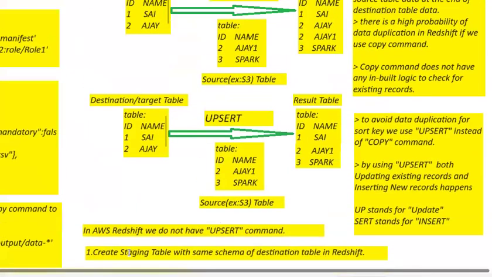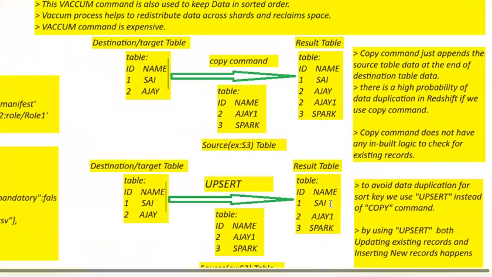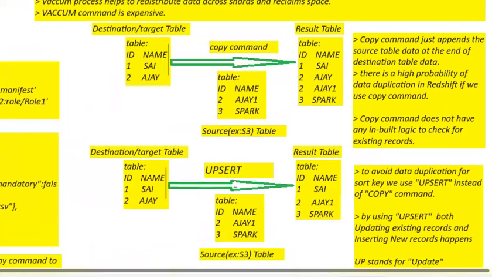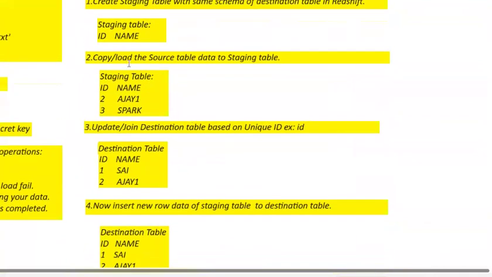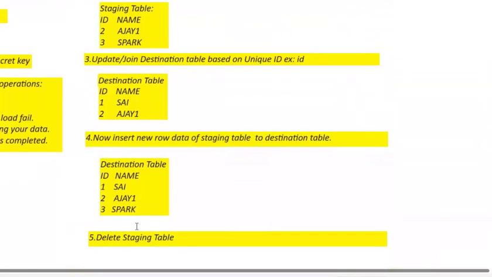Here you can compare, we got our table like this, right? So we performed this upsertion, but at last we still have this staging table. Deleting that staging table is also important, because only if you delete it can you get some extra space. So that is the last step.